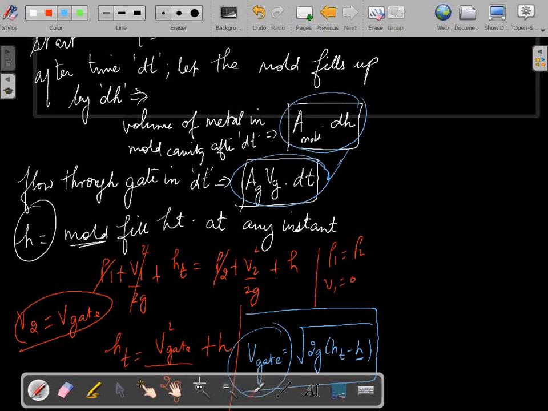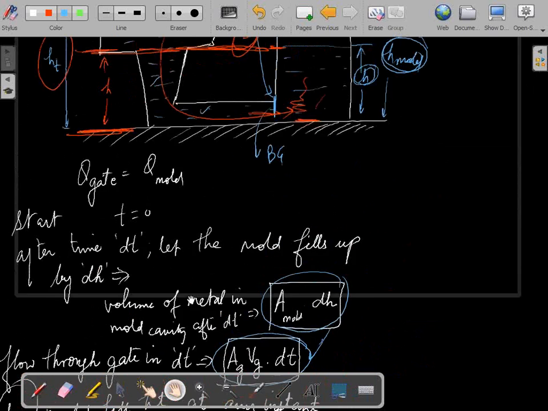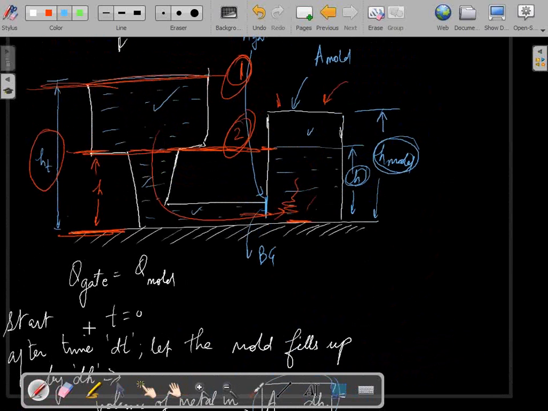So through the gate there is some liquid flowing in and the metal is rising up. So what is V2? This is the section 2. So what is the velocity of liquid at this section? This is basically the velocity of liquid coming through the gate. So it is rising at whatever velocity your liquid is entering, because there is no other restriction. This is why V2 is equal to V gate.